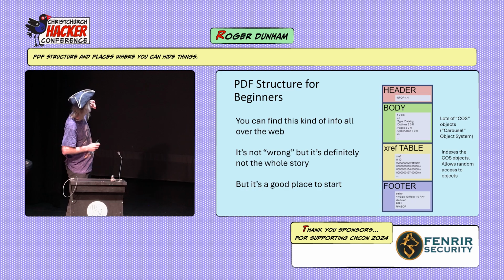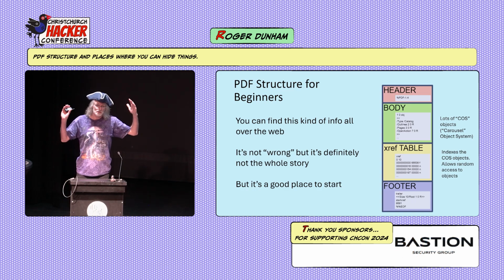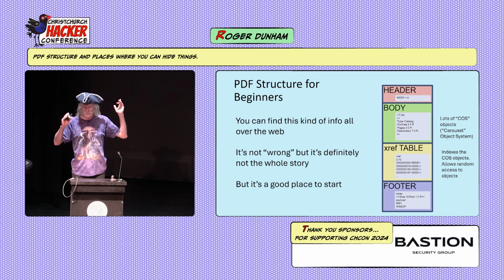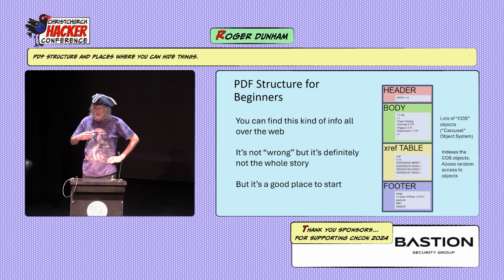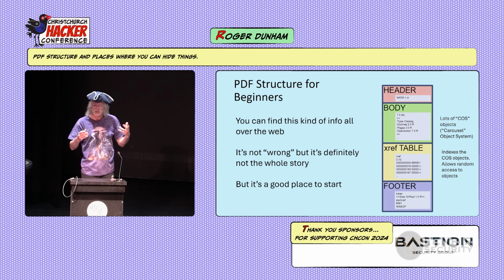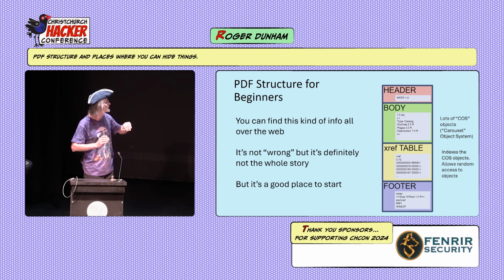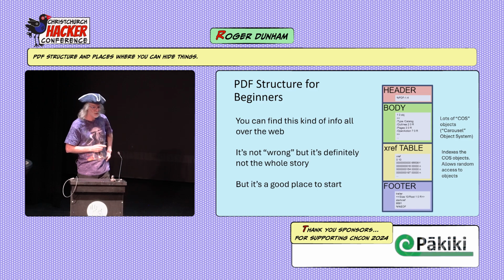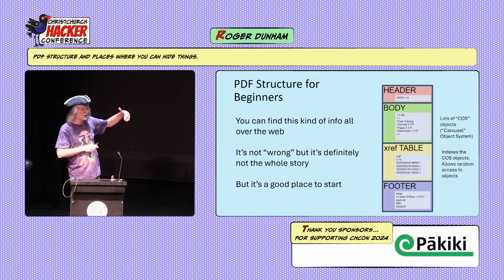So what we've got is the header at the top, and it says %PDF, and the version, 1.4 in this case. We've then got the body, which is a collection of objects, technically known as COS objects. Doesn't really matter. There's a pointer here somewhere. This thing here, that's 20 0 R. That's a reference to another object.